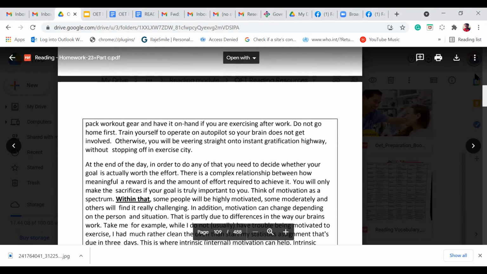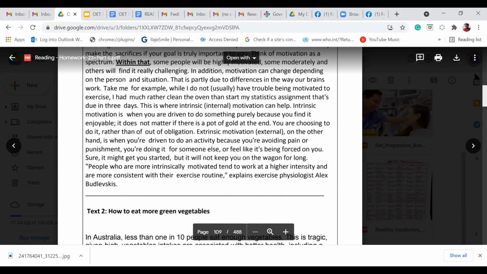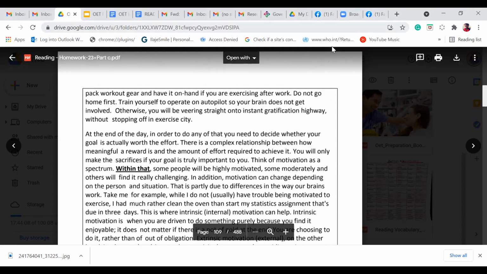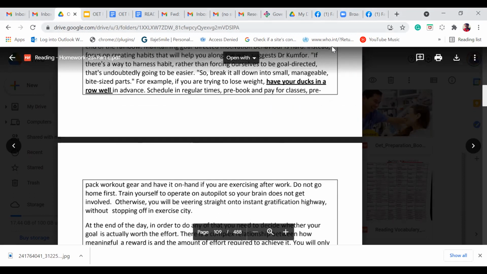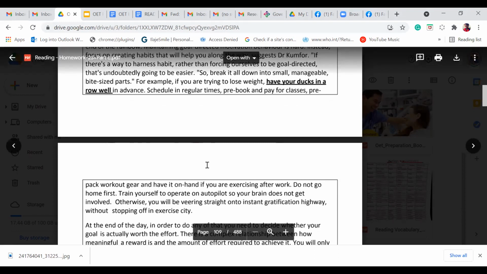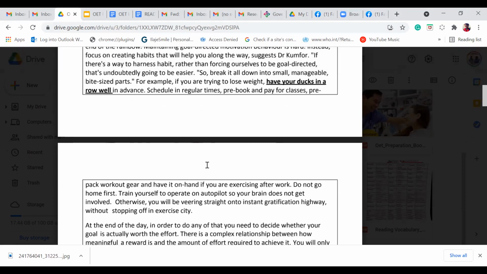So what are the things you're doing? You are preparing in advance. What are the things you're doing as suggested here? Scheduling regular times, pre-booking, paying for classes, all these things, what do they mean? It's preparation. So remember, you might think you have the right answer, but try to prove each option right or wrong.